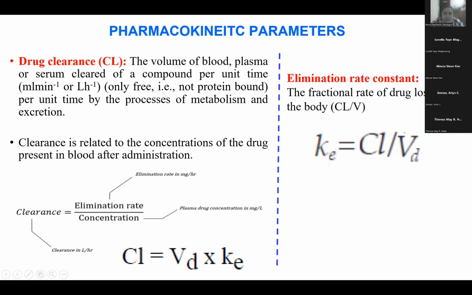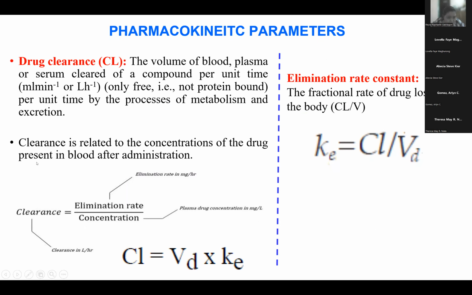Okay, now aside from that, we have this another parameter, the drug clearance. So from the name itself, drug clearance, it's the amount of drug, especially the volume of the blood, the plasma, or the serum being cleared by the drug for a period of time.